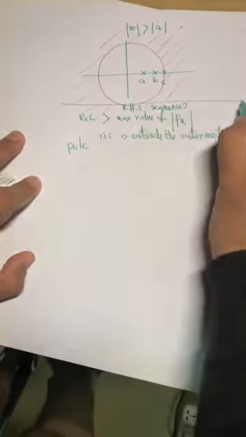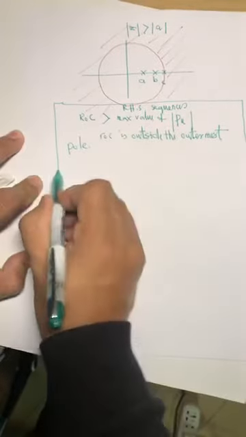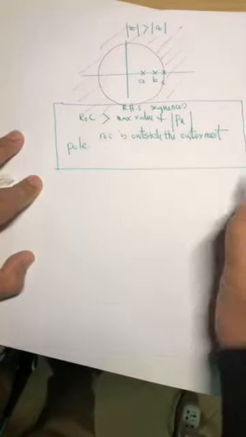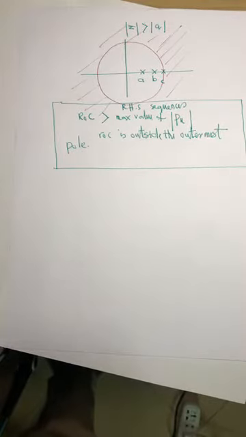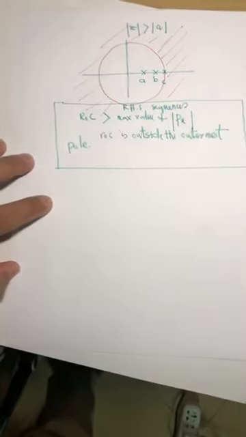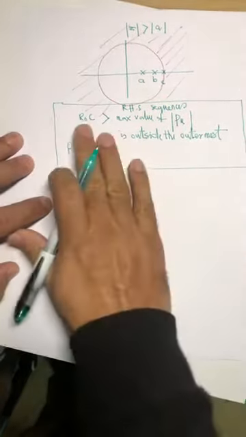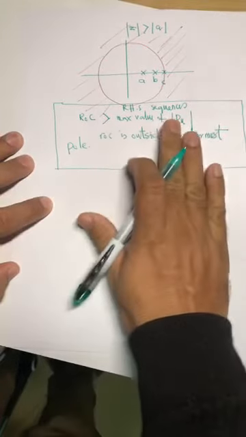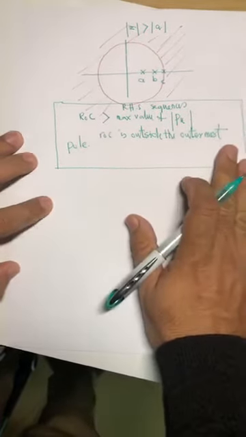For right hand side sequence, region of convergence is outside the outermost pole. Okay, slowly but surely we are going to learn how we link it with stability of a system. Just remember that for right hand side sequences, the region of convergence is outside the outermost pole.